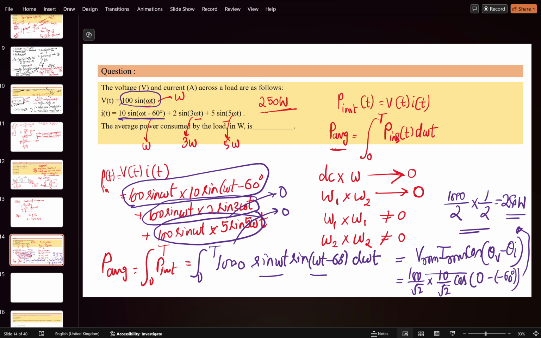Just remember that when you multiply the DC with some frequency term, it will become zero, and with two different frequency terms in the instantaneous values, it will become zero when you take the average. If you got the answer, try to solve this. This is on a similar pattern. Try to solve this problem.